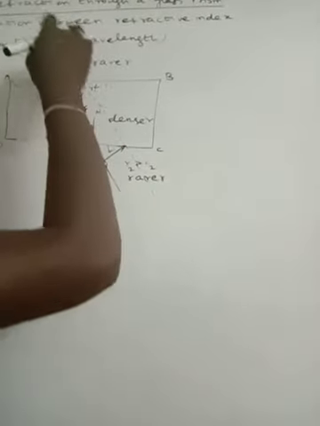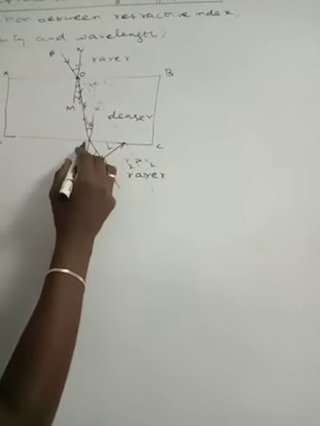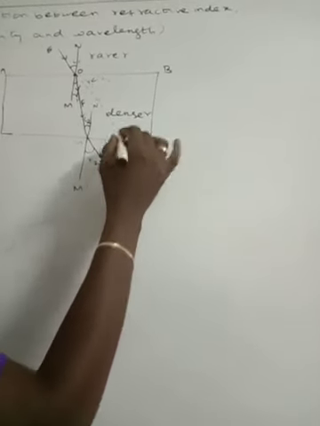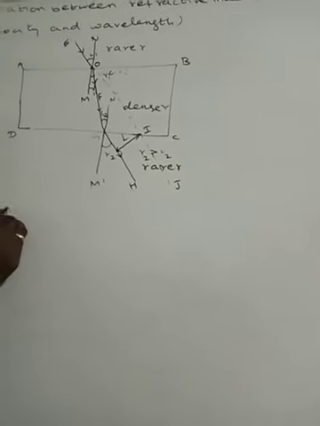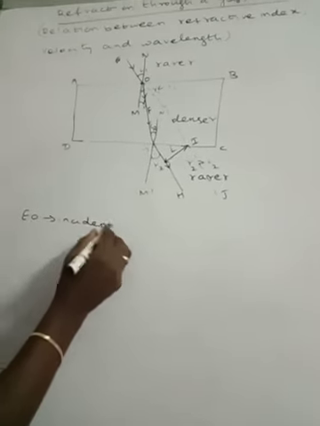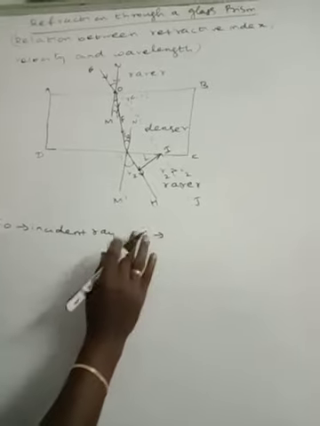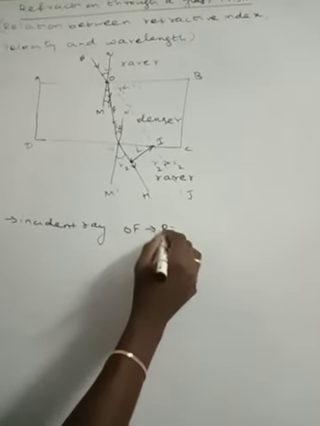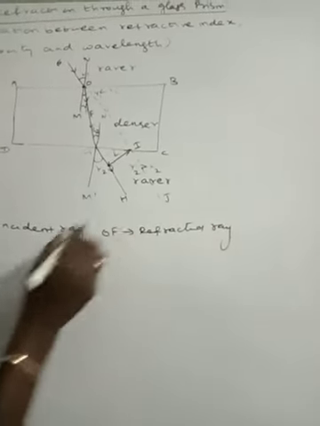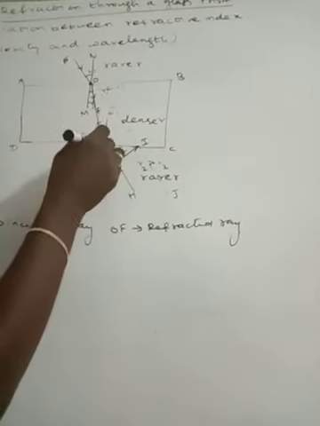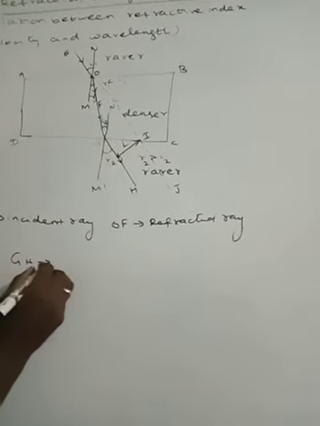EO is the incident ray, OF the refracted ray, then F G as the incident ray on surface DC, and GH represents the emergent ray.